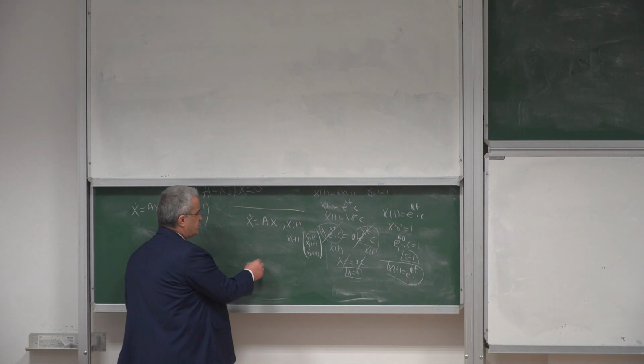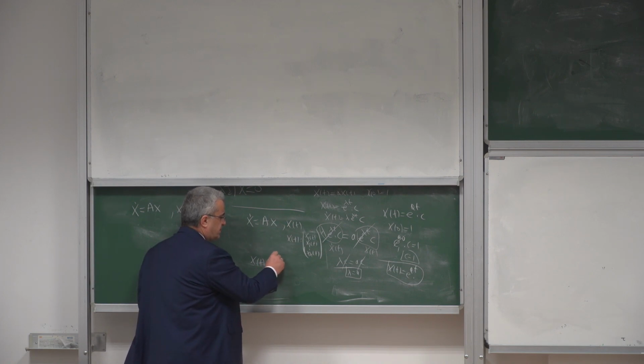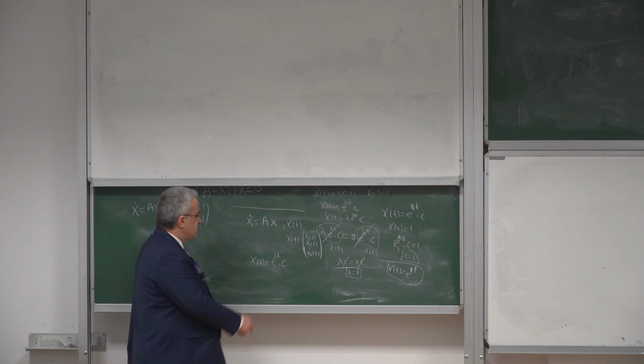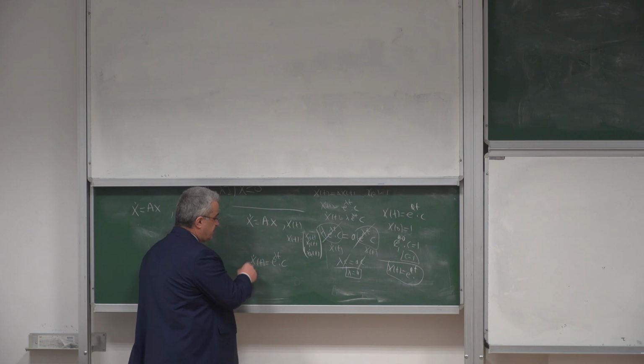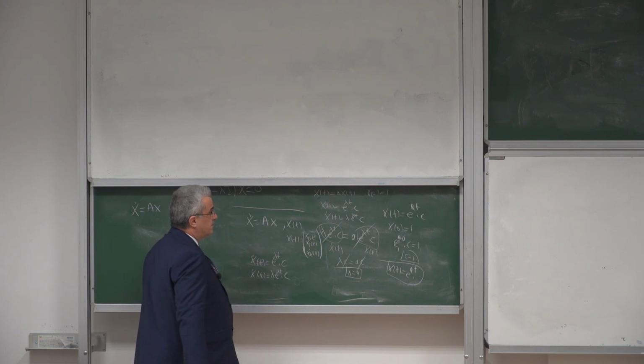The way to find the solution is we said, let's guess the solution as e to the lambda t times some vector, so this is again a vector. So x dot t is equal to lambda e to the lambda t times c.